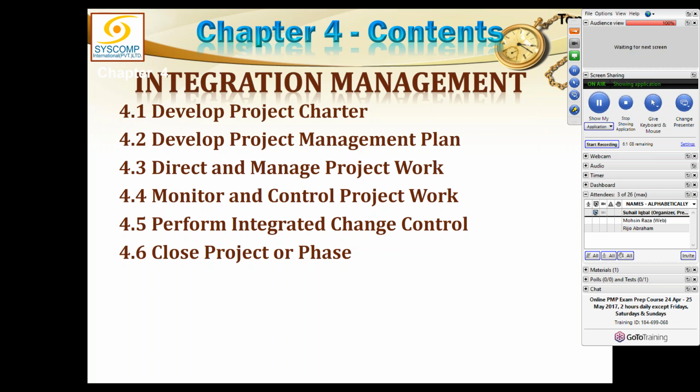From identify stakeholders, we have the stakeholder register prepared. We have the stakeholder management strategy prepared. And now we are getting into the project management plan, I mean, we are going into the planning process group. Can anyone tell me how many processes are otherwise there in the planning process group?